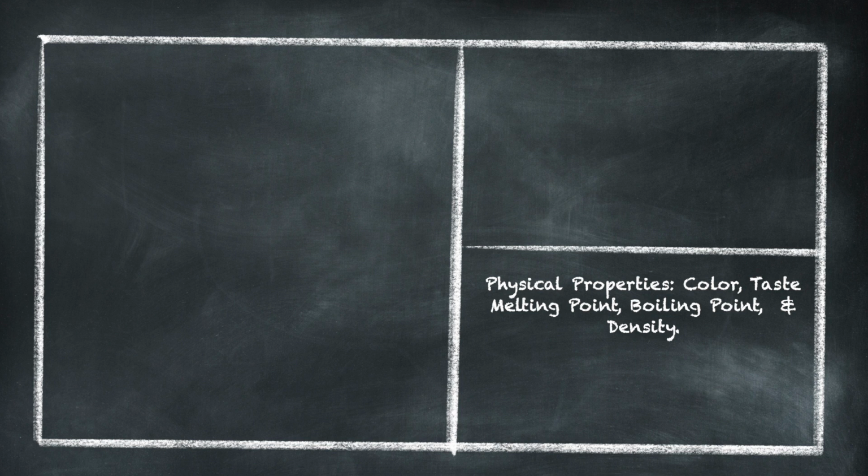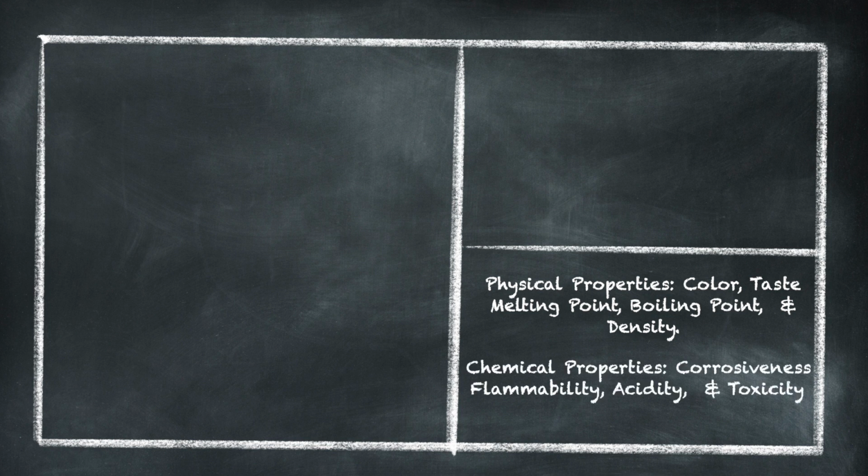On the other side, for chemical properties, some key words we're looking for are corrosiveness, flammability, acidity, toxicity. Though these words are key indicators of what type of property is being observed, they do not work 100% of the time. So keep in mind that physical properties indicate physical changes, while chemical properties indicate chemical changes.